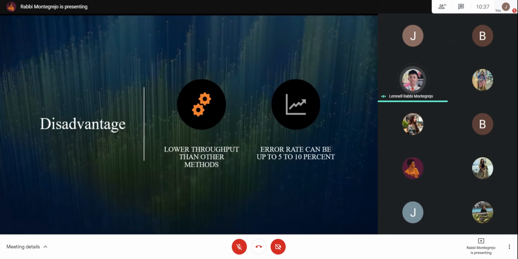So there seems to be a conundrum wherein the longer the read of a sequence, the lower the throughput that is yielded. Although this is only so far as our technology is capable of. Then also, the error rate can be up to 5 to 10%. So mas taas siya og error rate compared to the other methods.